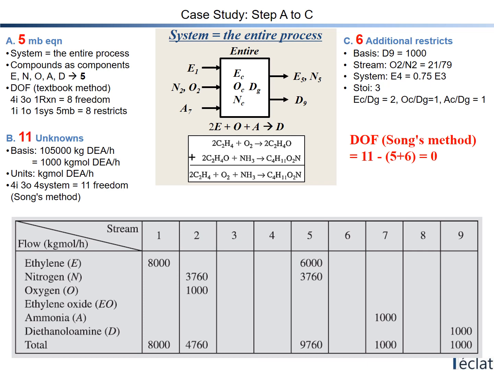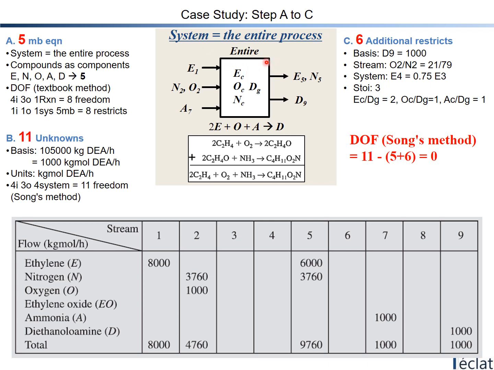Okay, let me do some process calculation. Of course, for getting the values of every unit, you need to take each unit as the system. But before going to each calculation, I'd like to show you the entire process as a single system.